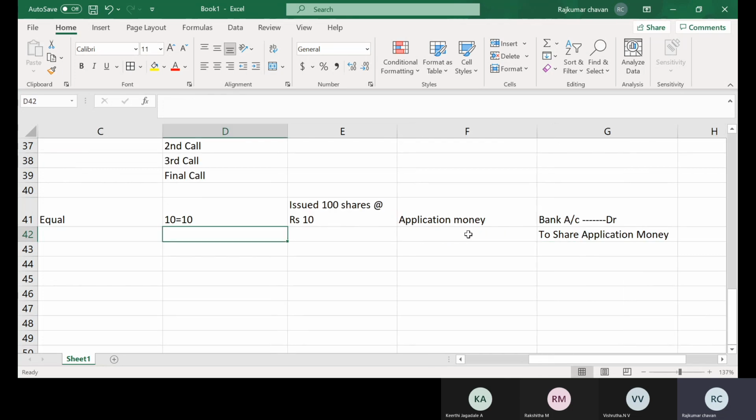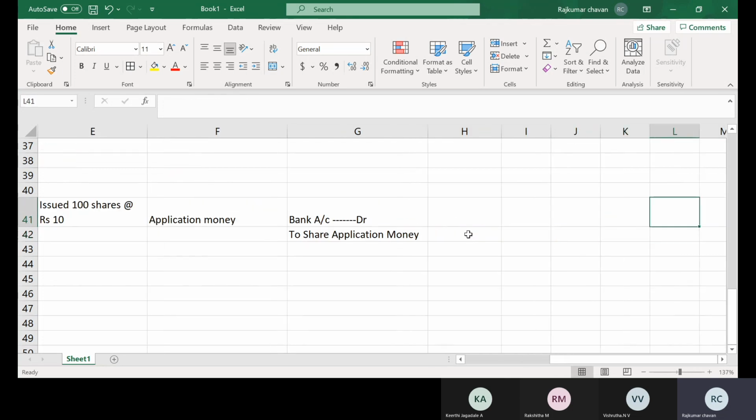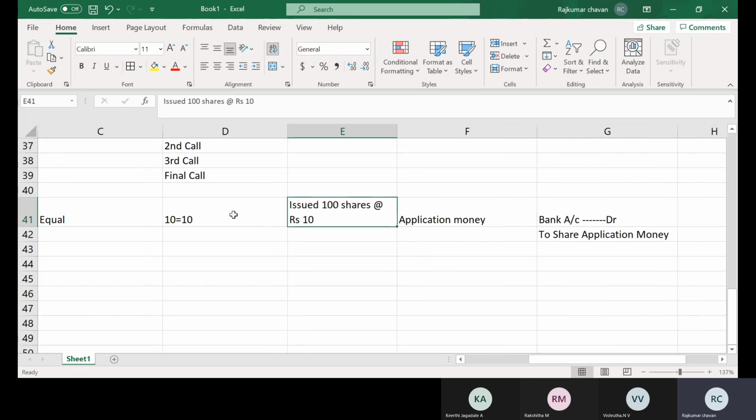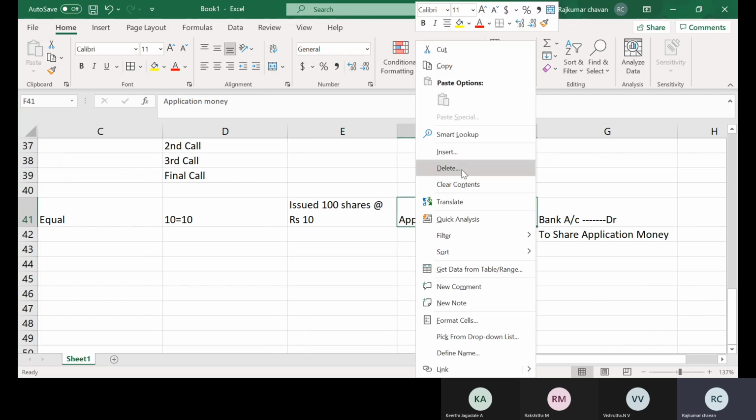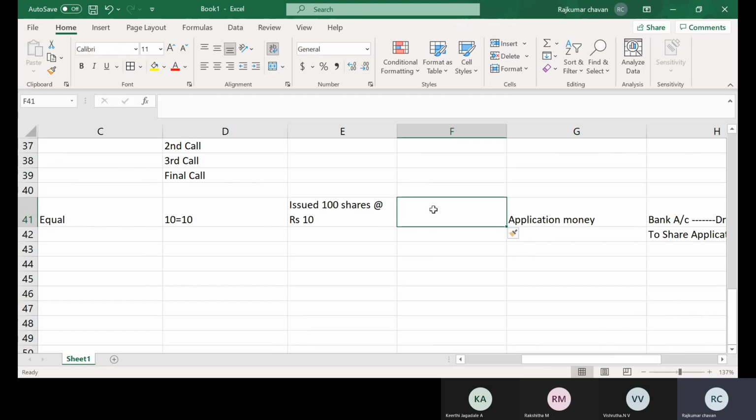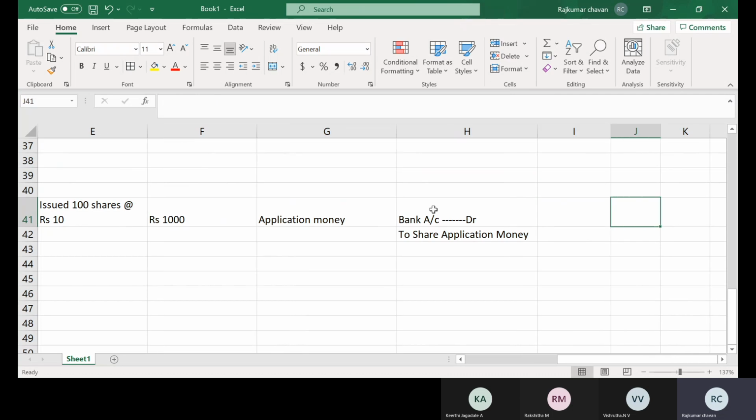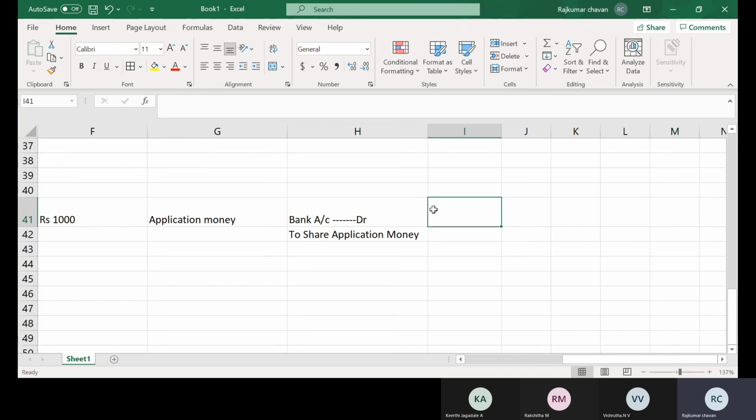Is that clear? Then what will the company do later on? Whatever money they have got through issue at par, 100 shares at the rate of rupees 10, means how much amount they will get? Total 1000 rupees. This is the total application money which has been collected. And then this application money they have to transfer to the share capital account. So they have to start the process of allotment.